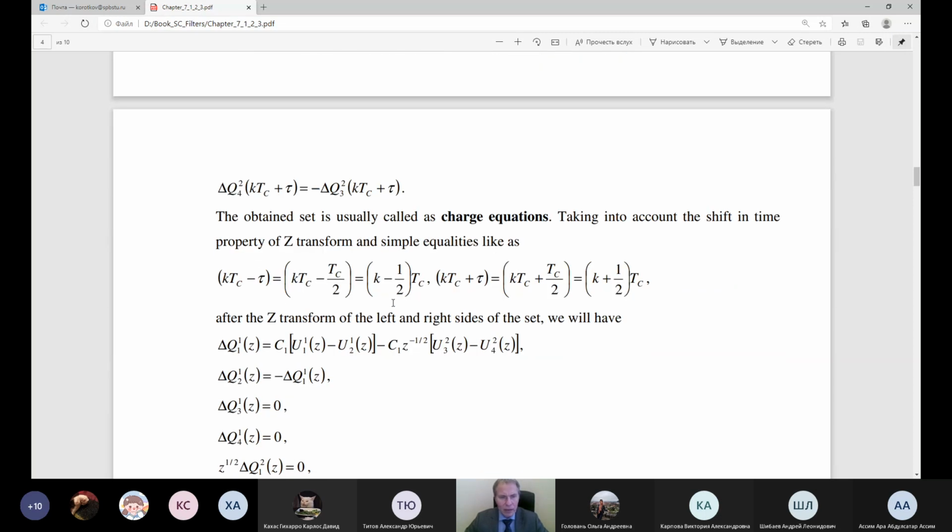And some notation concerning the shift in time. Look here. Generally speaking, if we are talking about the properties of the Z transform, it is necessary to keep in mind some specifics.